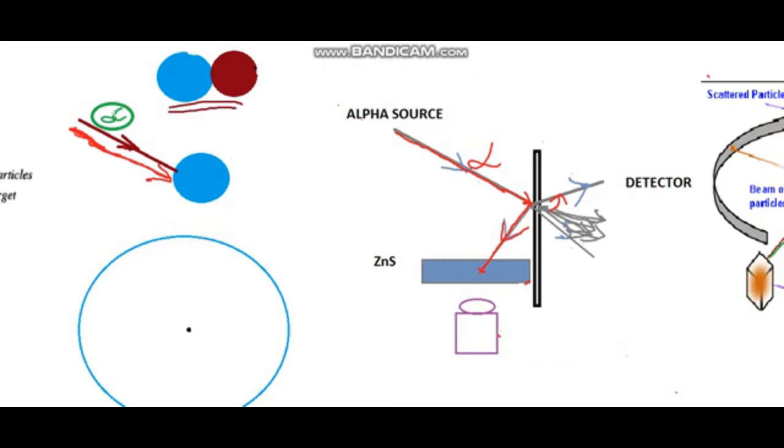This alpha bombardment, or the alpha scattering experiment, was started by Geiger and Marsden, who were doing collaborative research under Rutherford, but they were not looking for what we are interested in. They were just scattering alpha particles by a thin film of gold and many other materials.